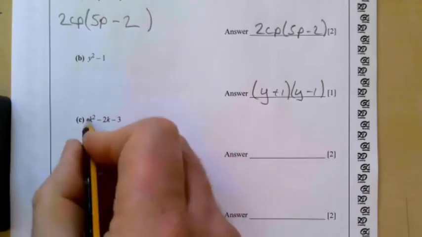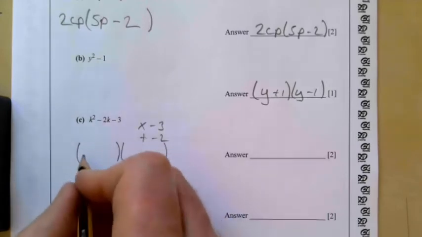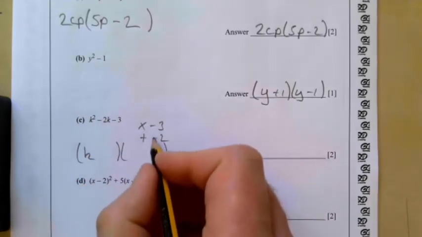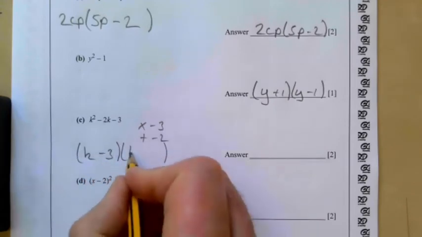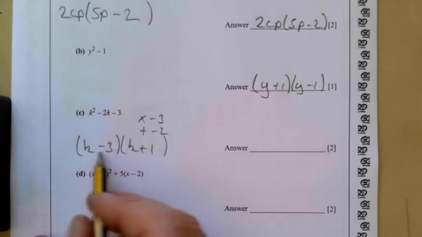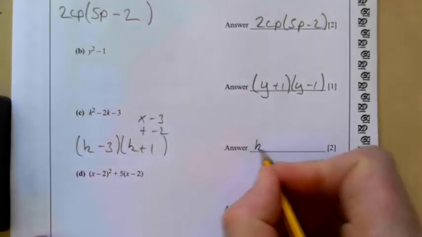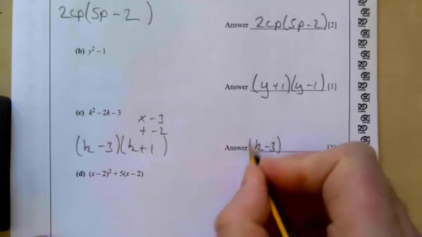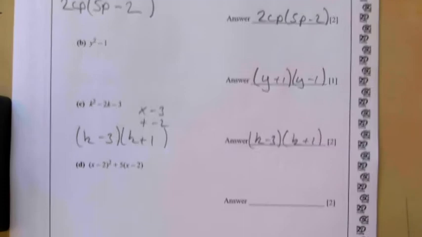Because it is a 1k squared term, we don't need to split our middle term. So what are our two numbers that multiply to give minus 3? They're going to be minus 3 and then plus 1. Checking then, if you add those, you do indeed get minus 2. Multiplying them, you get minus 3. So just fill our answer in here, k minus 3 upon k plus 1.